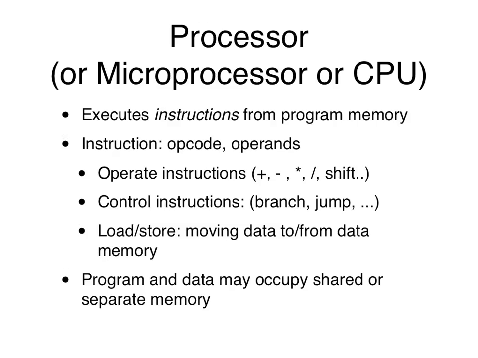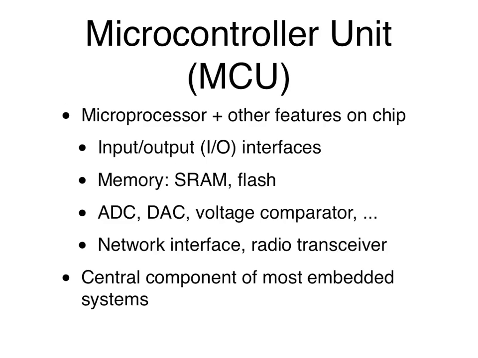Right, that's really what a processor does. Now, here we're talking about memory, but there could be program and data. Program and data may occupy the same memory or may occupy different memory.